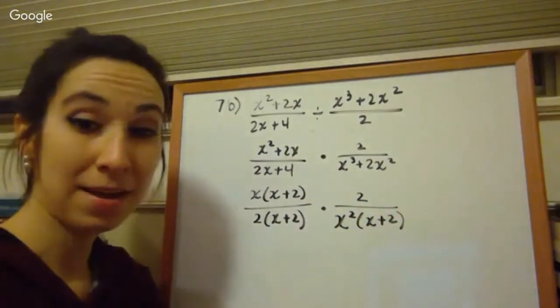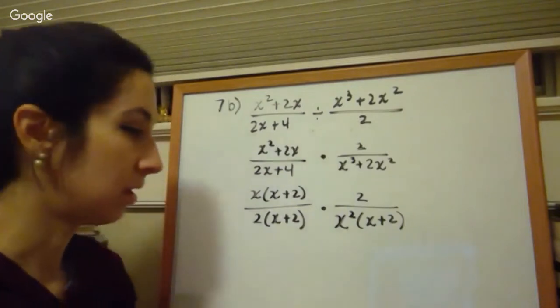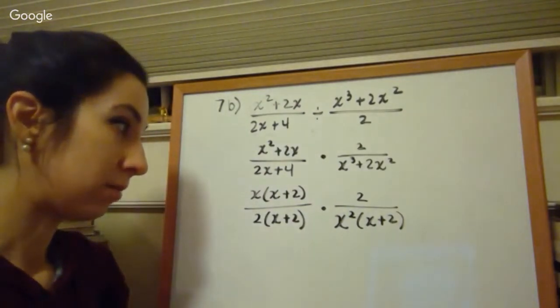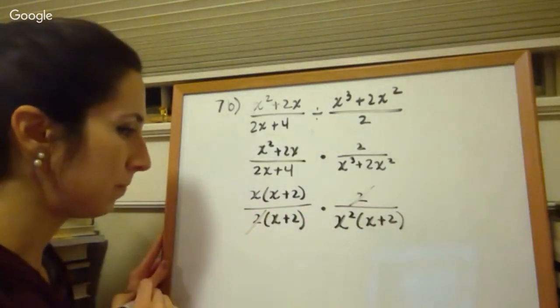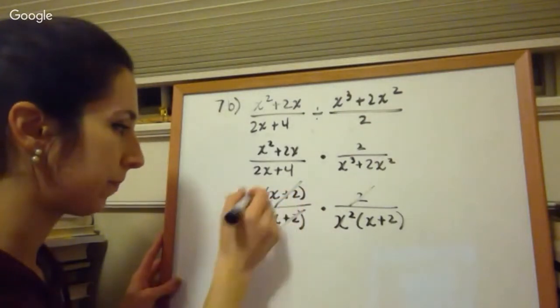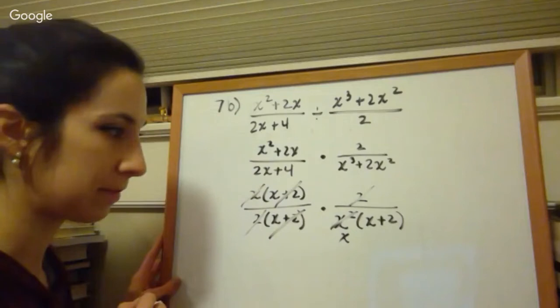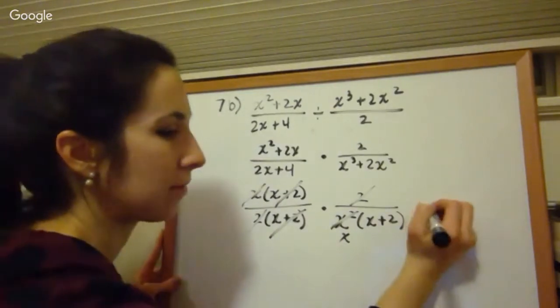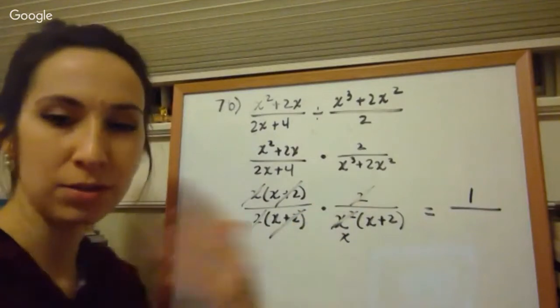All right, so now we can cancel all the like expressions. Or actually not even like, they're exactly the same. So 2 is going to go with 2. That's gone. X plus 2, x plus 2. X with one of the x's, I'll still have an x left. So what we have left over is a 1 in the numerator, because when you cancel things out, it doesn't just turn out to be 0.